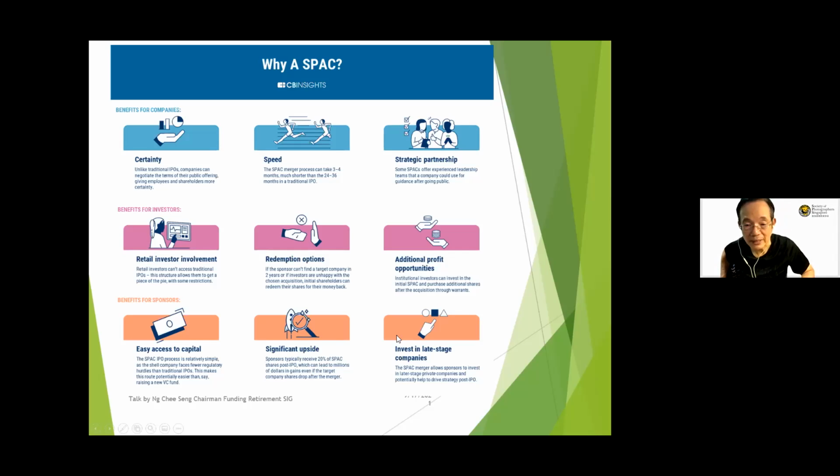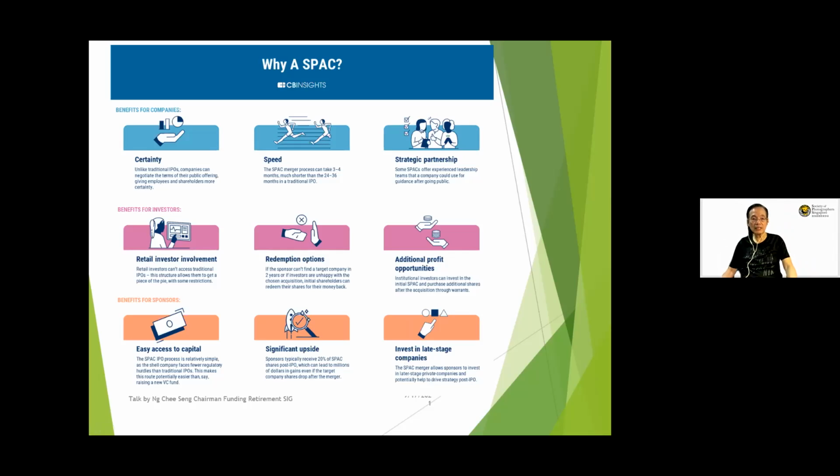And then finally, if you invest in a late stage company, a SPAC merger allows the sponsor to invest in later stage private companies and potentially help to drive strategy post IPO.